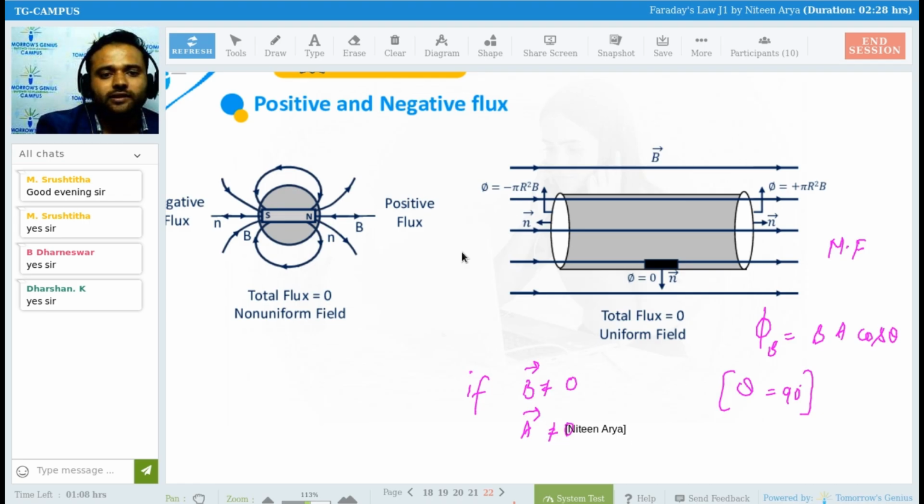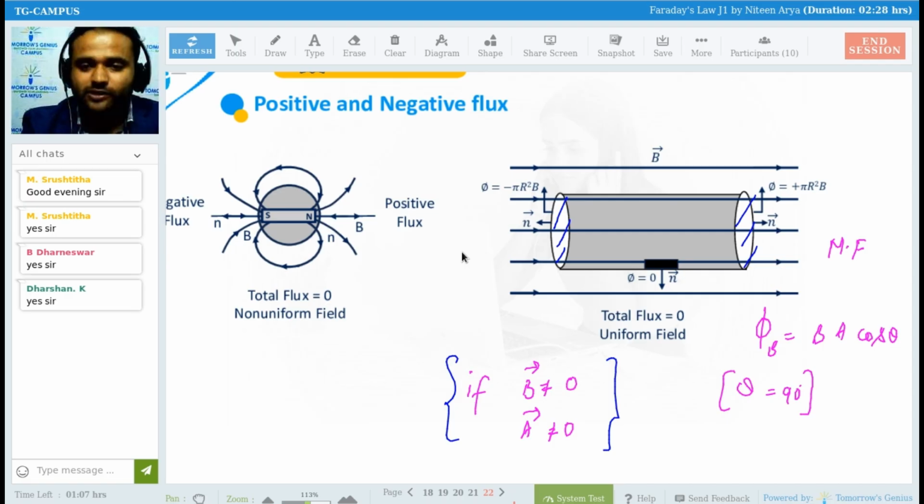So in this particular case, what is going to be? Flux is 0 only when this is the case. Flux is not 0 for this one, neither for this. As you can see, total flux is 0. Why so?